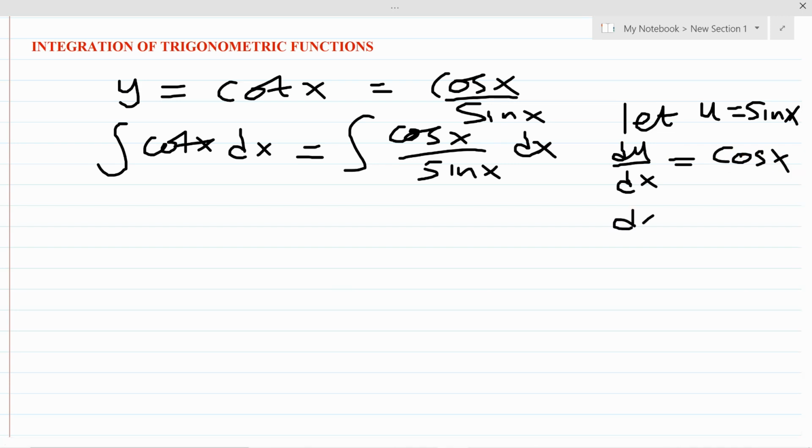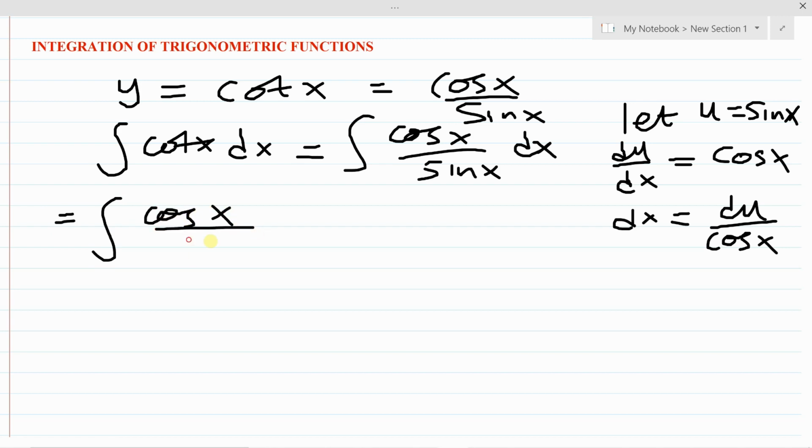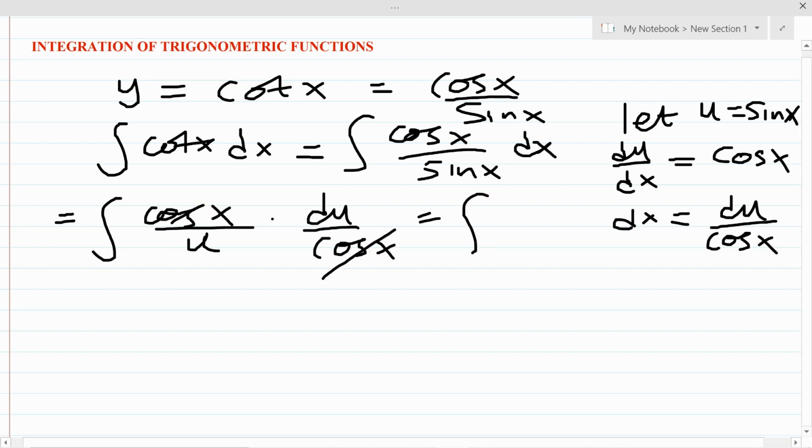Hence our dx, making it the subject, will be equal to du over cos x. I just put everything in and we'll get the integral of cos x over u times du over cos x. So this can cancel that and we'll be left with the integral of 1 over u du, and this is equal to ln of what? Because we've done this in our previous videos.